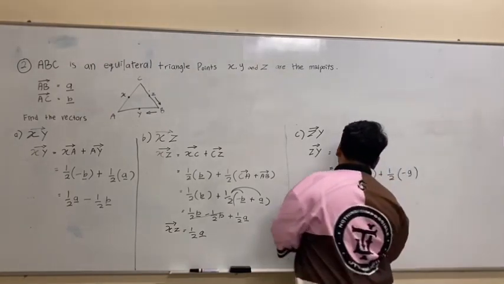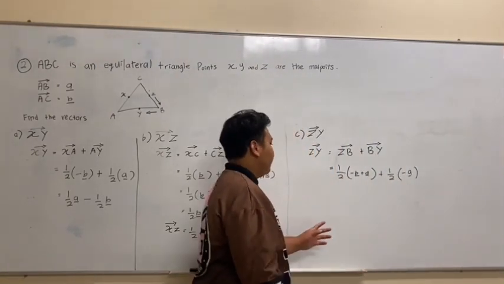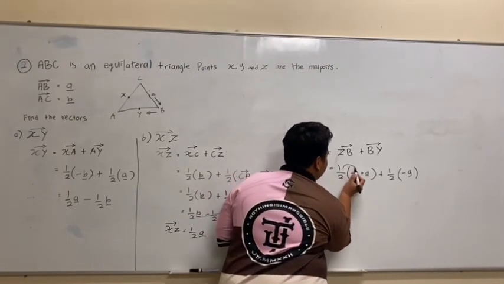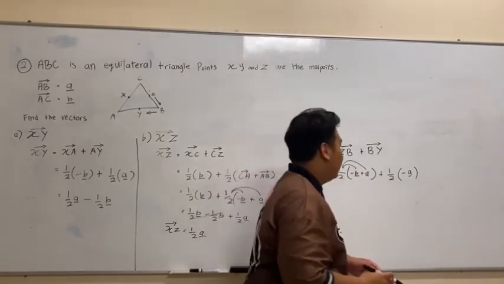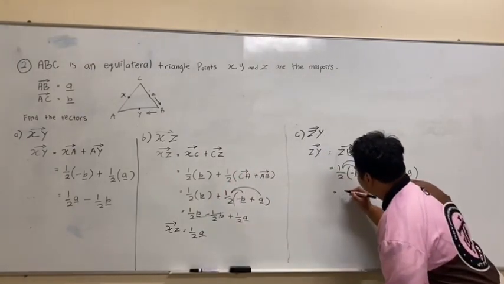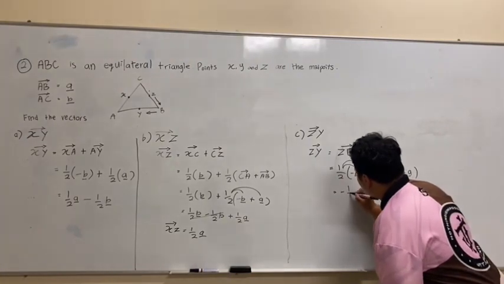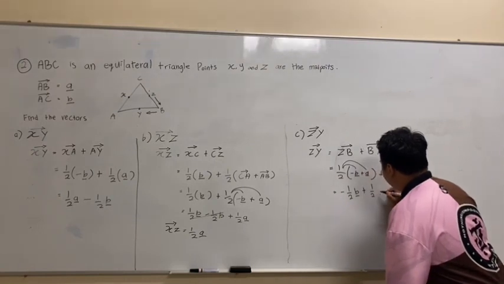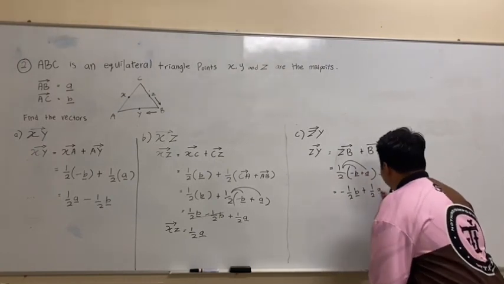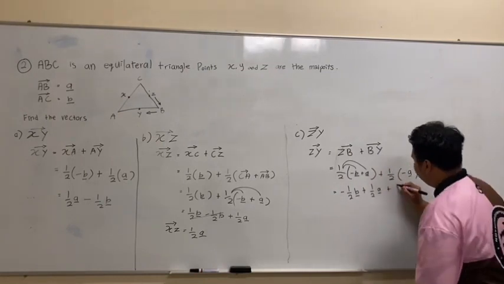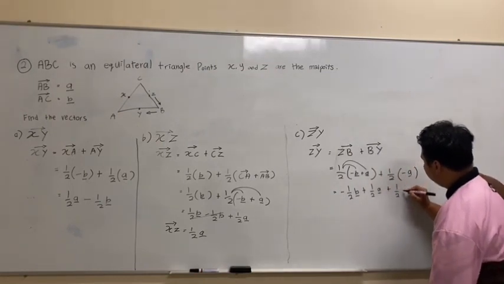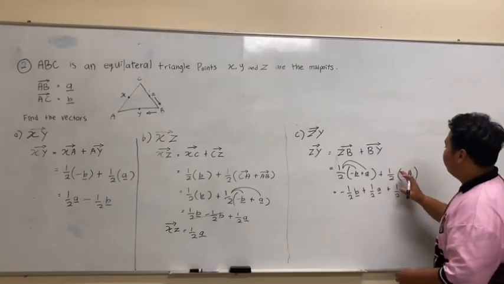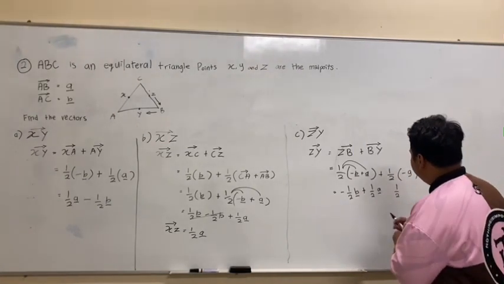For the next step, we multiply 1 over 2 with negative B and positive A. Let's multiply this equation. We're going to get negative 1 over 2 B plus 1 over 2 A plus 1 over 2 times negative A, since positive multiplied by negative gives negative.